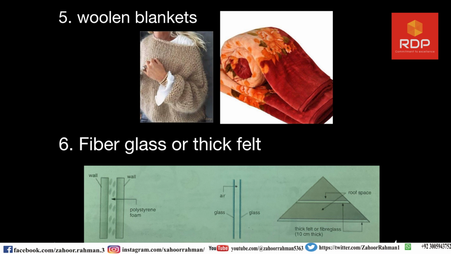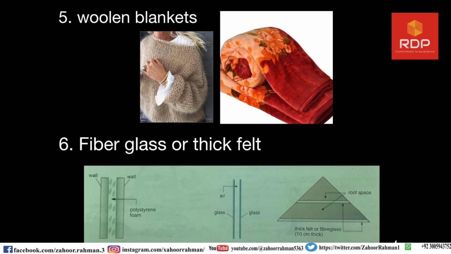The sixth one is fiberglass or felt and expanded polystyrene foam, which trap a large amount of air, and are employed as insulators in the walls of houses, ice boxes, and refrigerators.